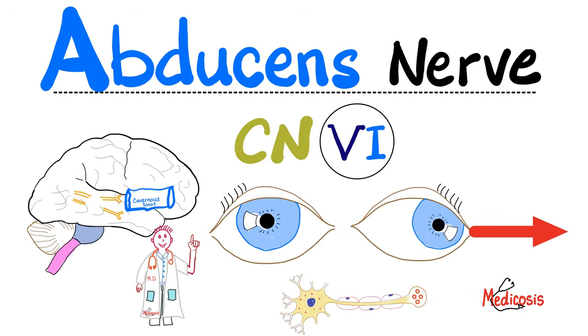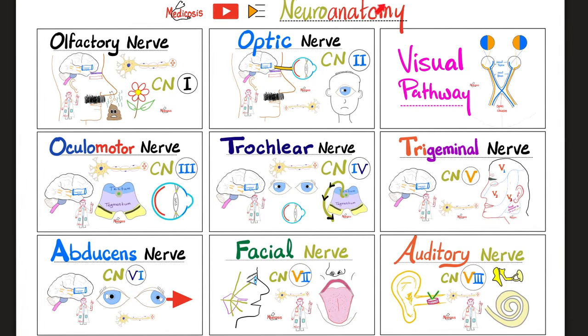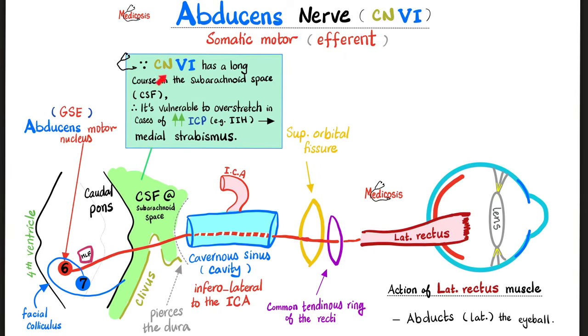Now, we said that intracranial hypertension can affect the abducens nerve. But why the abducens nerve? We have 12 cranial nerves. Why do you pick the abducens? If you have watched my neuroanatomy playlist, you will remember that in the video on the abducens nerve, we have said the following. The abducens nerve, or cranial nerve number 6, has a long course in the subarachnoid space.